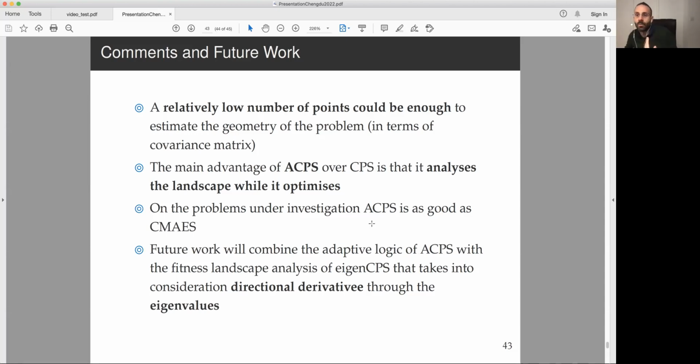Now, I wanted to comment on why, in the case of ACPS, we are not using the directional derivatives through the eigenvalues. The reason is that when we bluntly tried to include it, it didn't work.